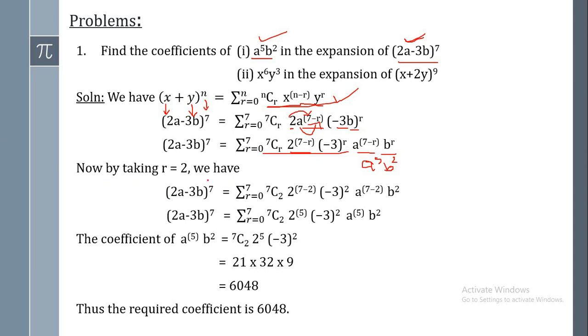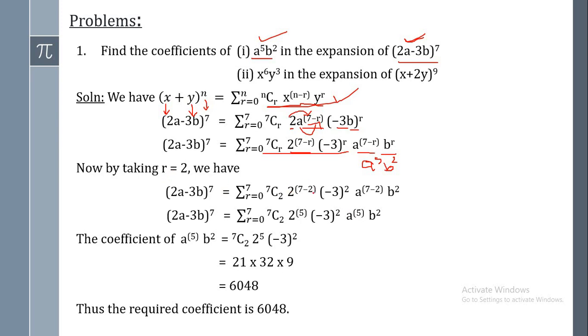Now after taking r equal to 2, we need to solve the expression, that is 2a minus 3b whole power 7 is equal to summation r equals 0 to 7. Here n is 7, so 0 to 7, 7C2 since r is 2, and wherever we have r we substitute 2.